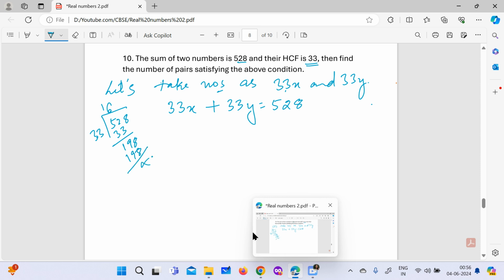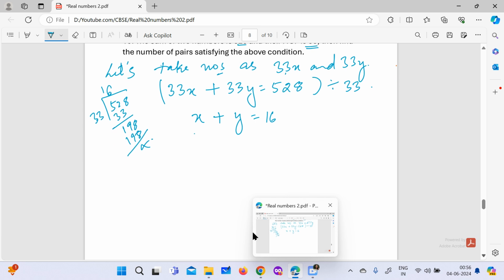Let's divide throughout by 33 and you get x plus y equals 16. So it says the sum of two numbers is 528, their HCF is 33, then find the number of pairs satisfying the above condition. So we will write the number pair as the sum of x and y, which gives you 16. So what are the number pairs that will give you 16 as the sum?